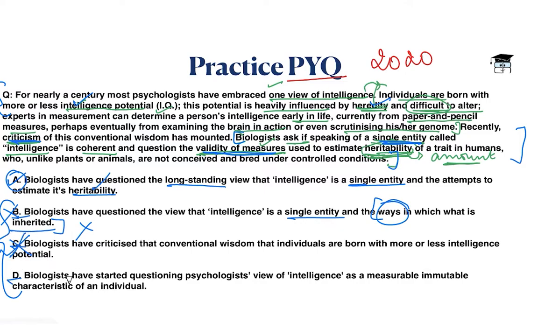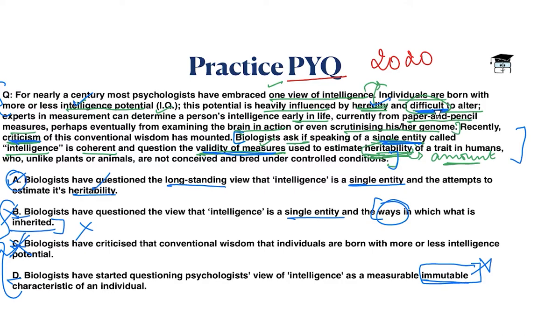Option D. Biologists have started questioning psychologists' view of intelligence as a measurable, immutable characteristic of an individual. Now look at the word immutable, which means impossible to modify, impossible to alter. Now if you check out the second line of the paragraph, they have written that intelligence is difficult to alter. It is not impossible.